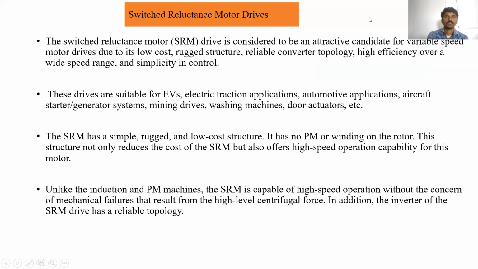The switch reluctance motor is the same as the brushless DC motor. The only difference is that in a brushless DC motor we use permanent magnets in the rotor circuit, but in the switch reluctance motor we are not using any permanent magnets in the rotor circuit.